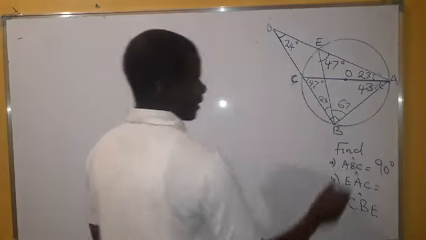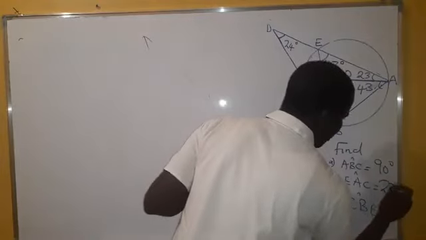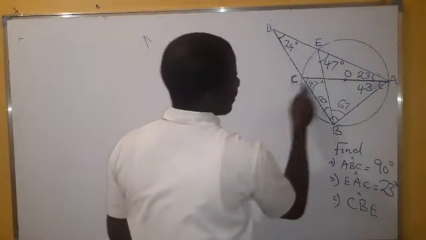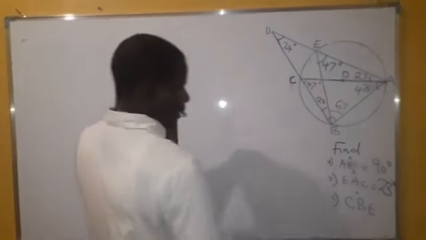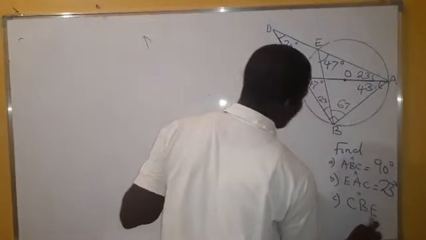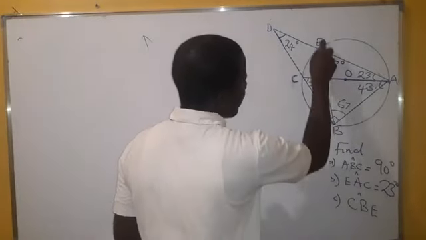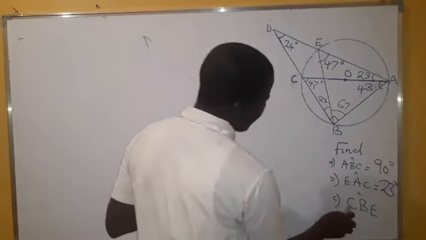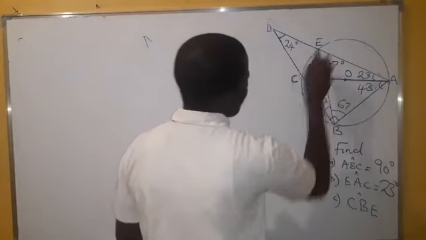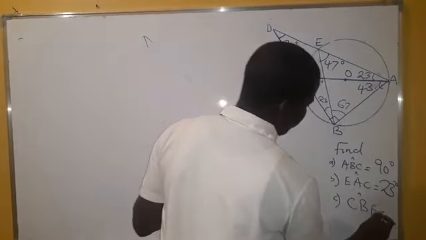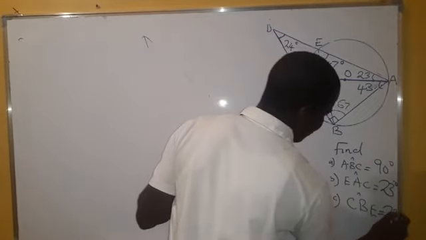It's clear there. 23. Then CBE. As you can see, CBE is what? Also 23.